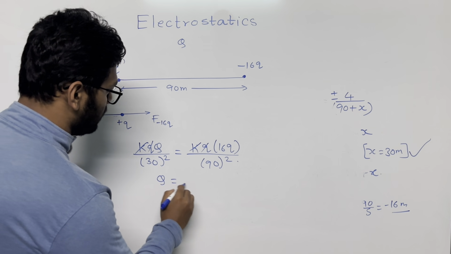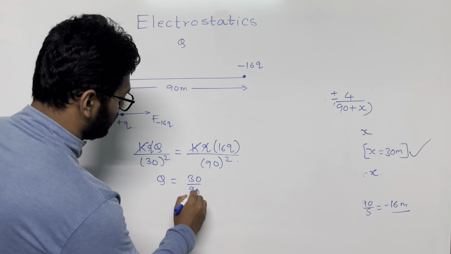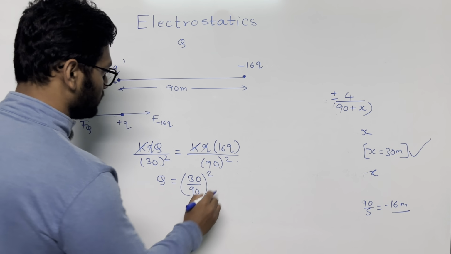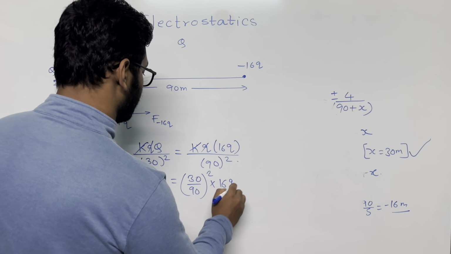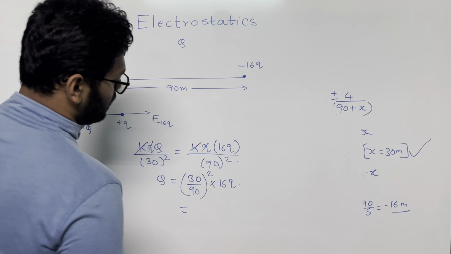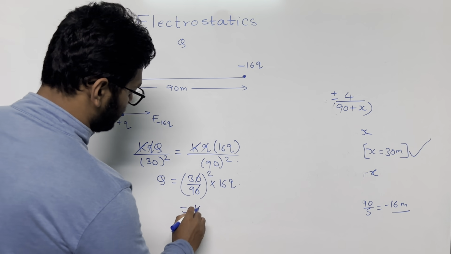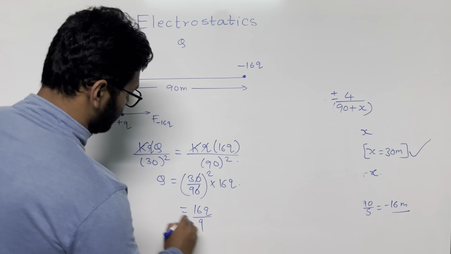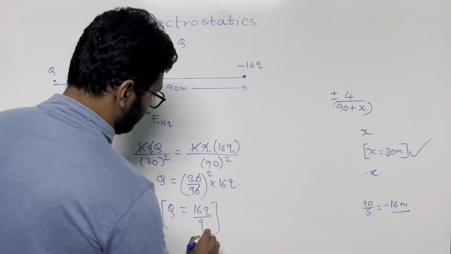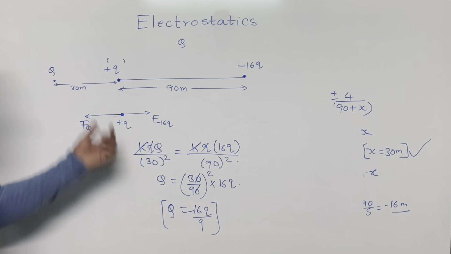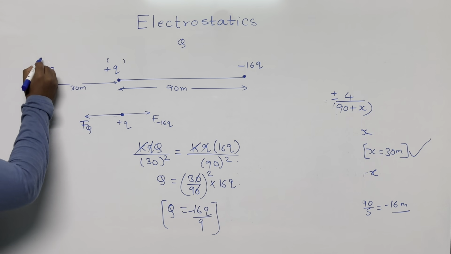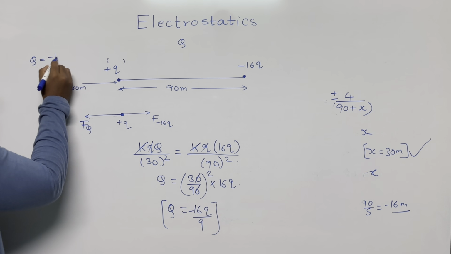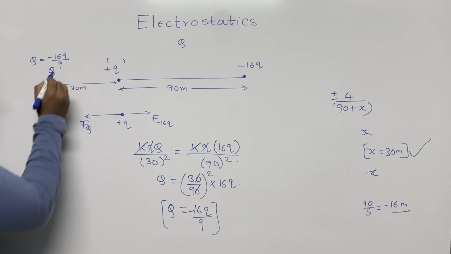So Q is equal to 30 by 90 whole square into 16q. So this will be 1 by 9, that is 16q by 9. This capital Q charge is 16q by 9 with a minus sign, because it is negative. So this charge Q is minus 16q by 9.